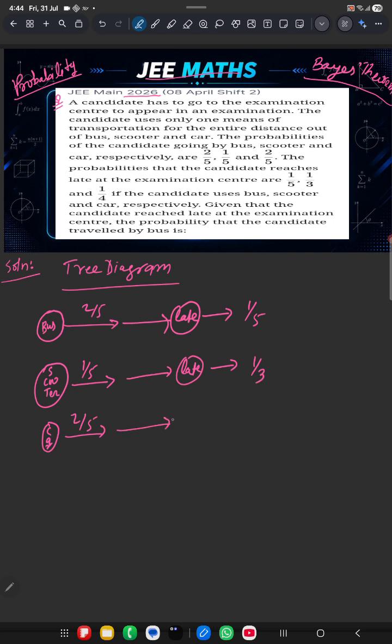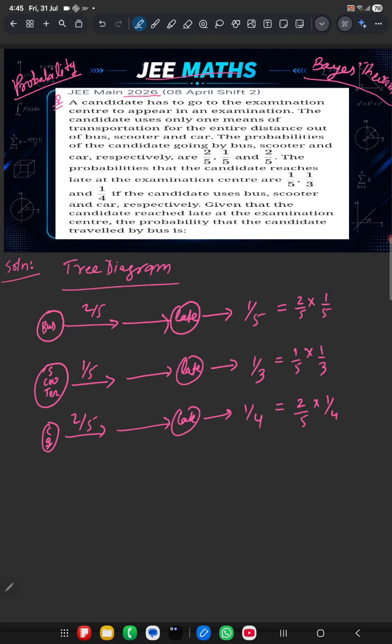If he goes by car then he will be late with probability 1 by 4. So this will give you 2 by 5 into 1 by 5, 1 by 5 into 1 by 3, and 2 by 5 into 1 by 4.